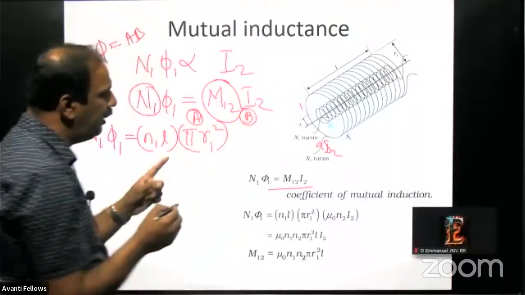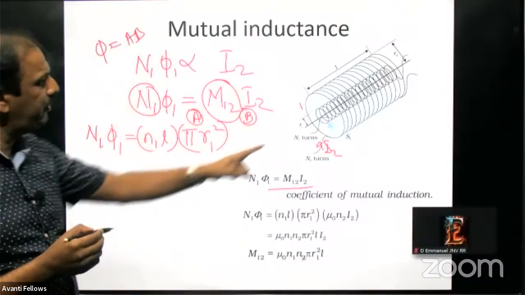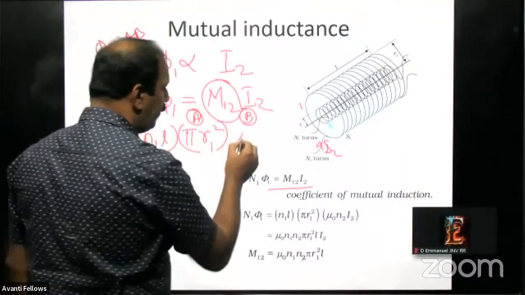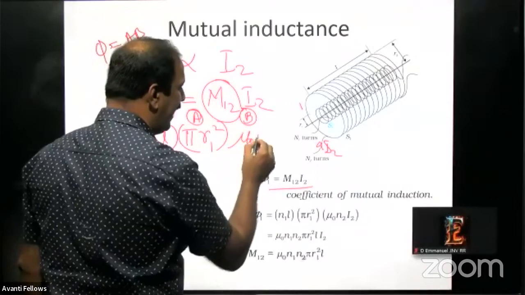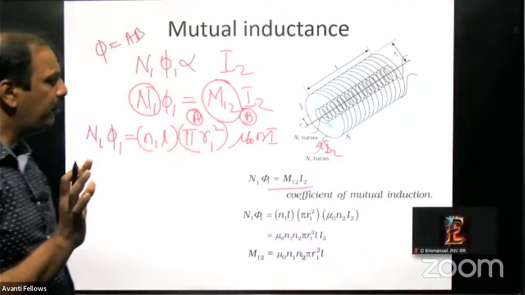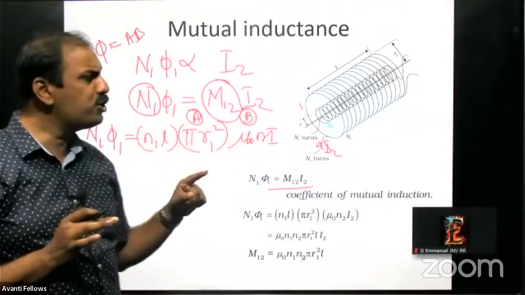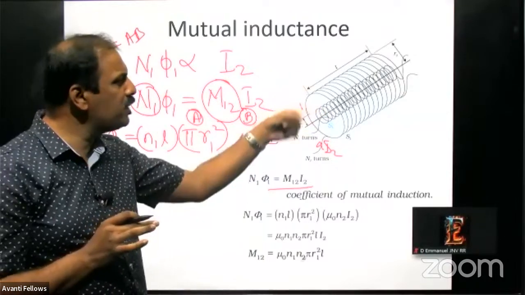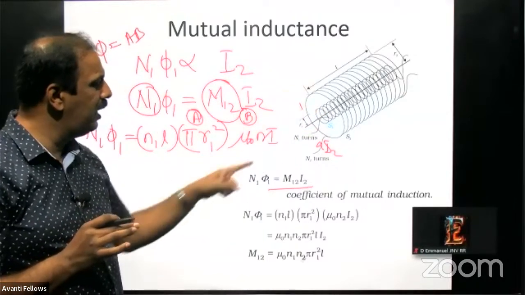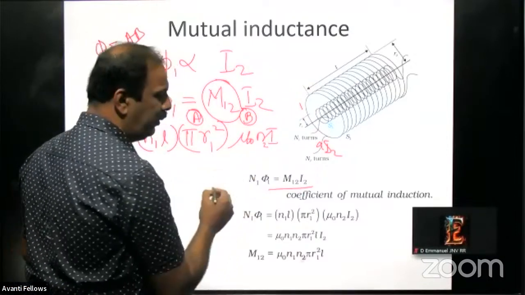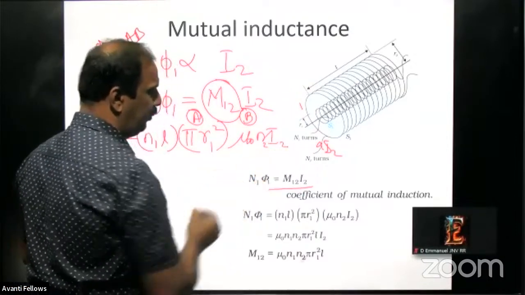So what is the magnetic field? Now the magnetic field inside a solenoid is mu naught n i. When you take this mu naught n i, very important, this magnetic field is produced by the outer coil, not the inner coil. So when the magnetic field is produced by the outer coil, for the outer coil the number of turns per unit length should be n2 and the current should be I2.